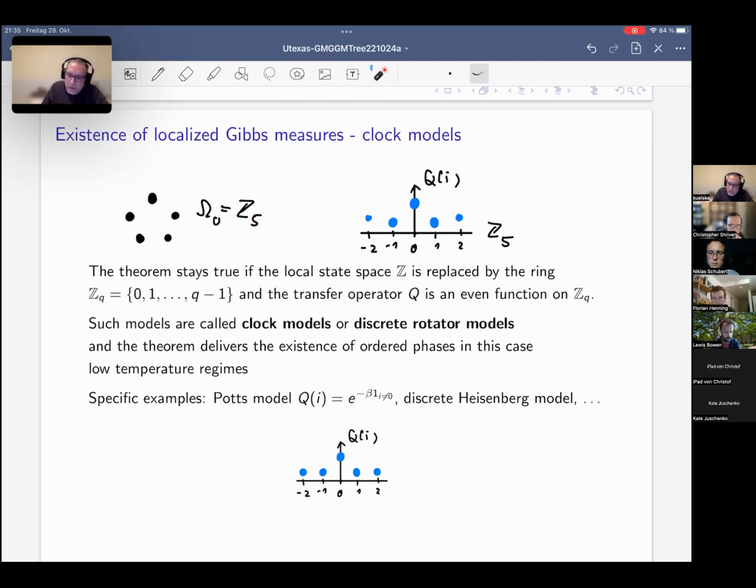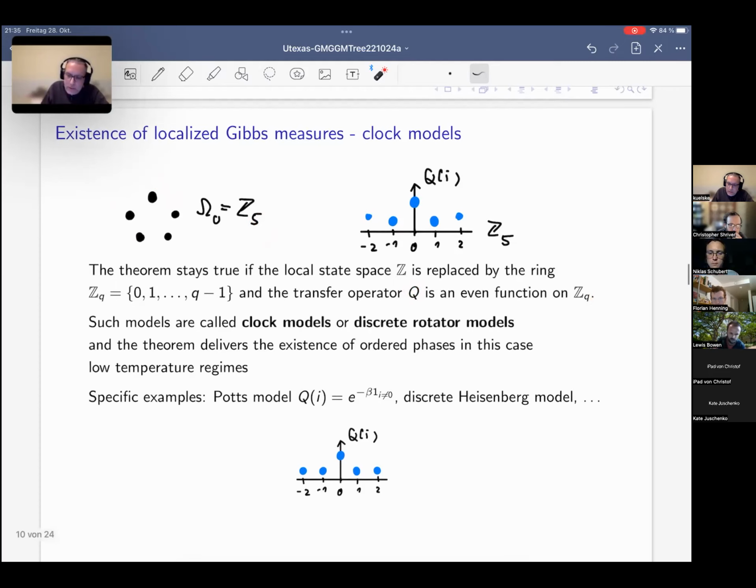Then we need this transfer operator function to be an even function on ZQ. So it looks naively like this. It should still resemble very much the indicator of 0, and there can be some other stuff.